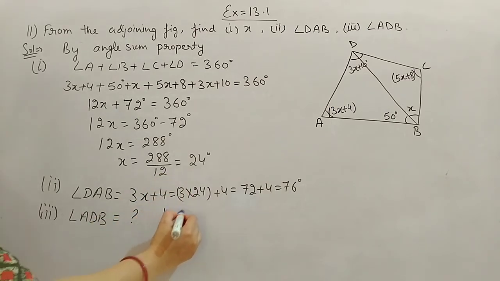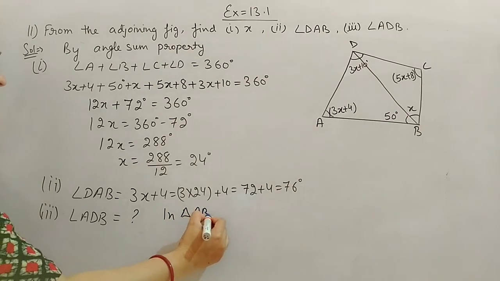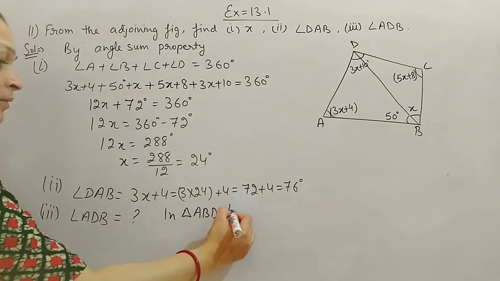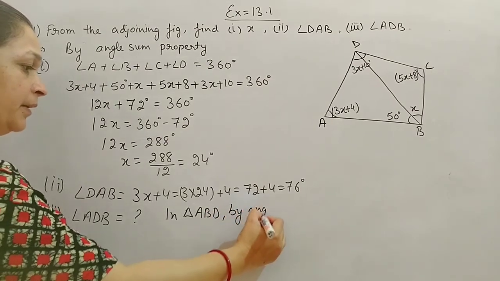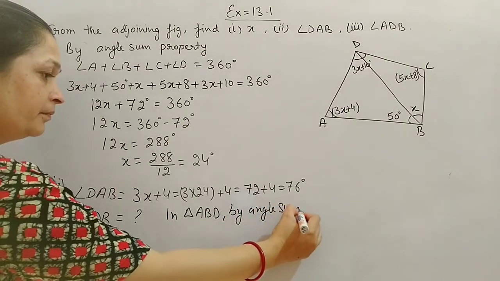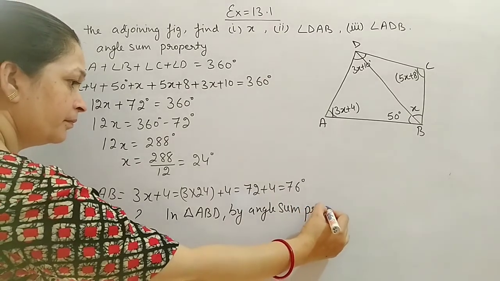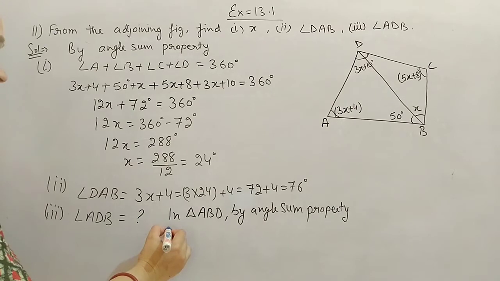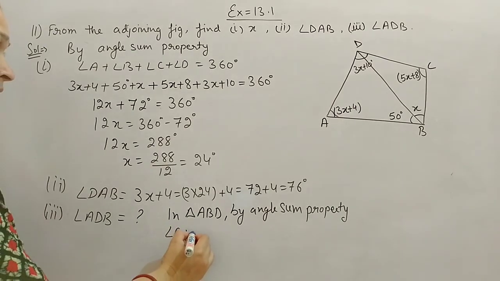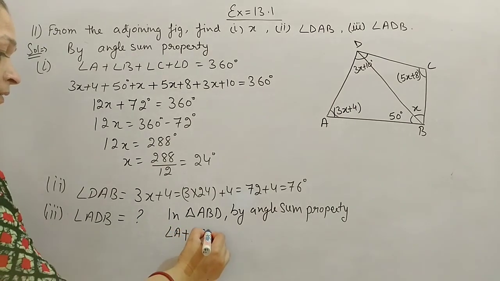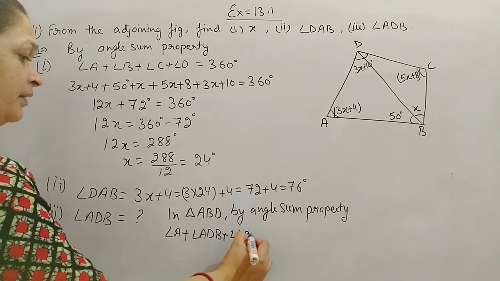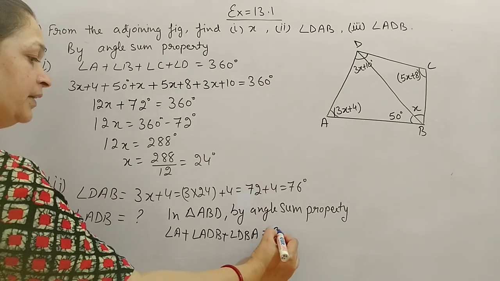In triangle ABD, the sum of all three angles by angle sum property, this angle A plus angle ADB plus angle DBA will be equal to 180 degrees.